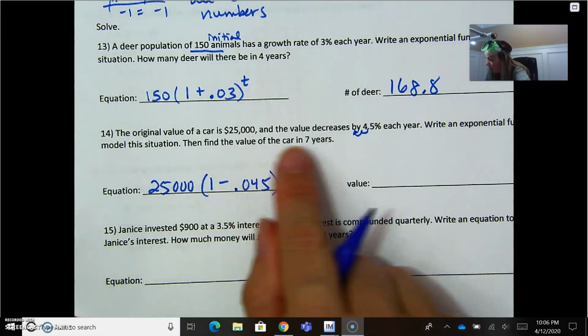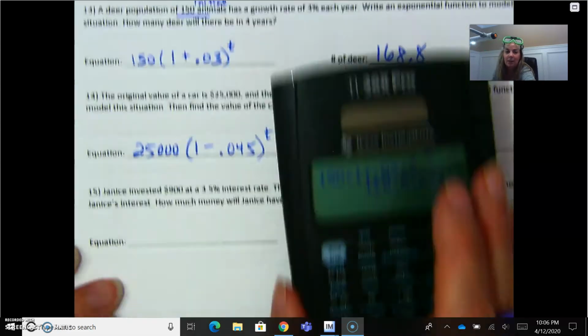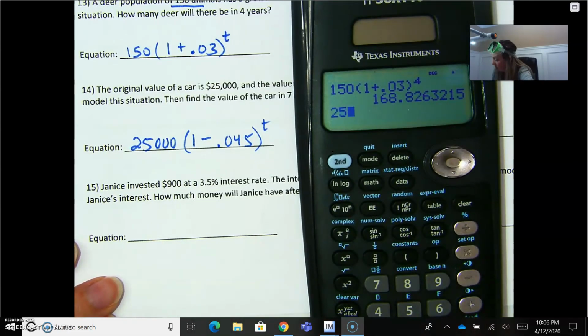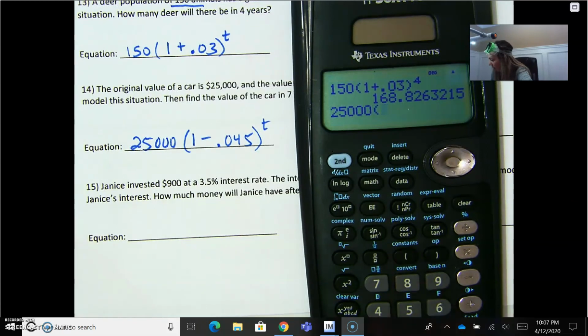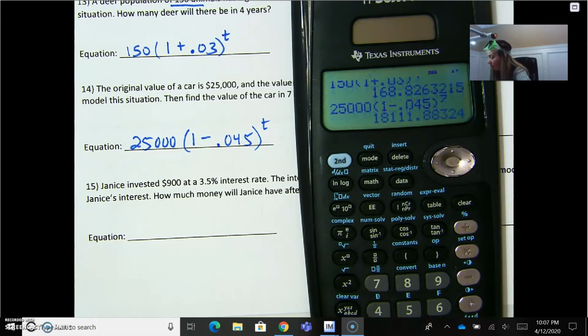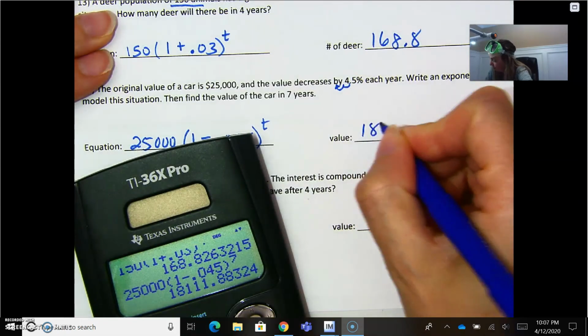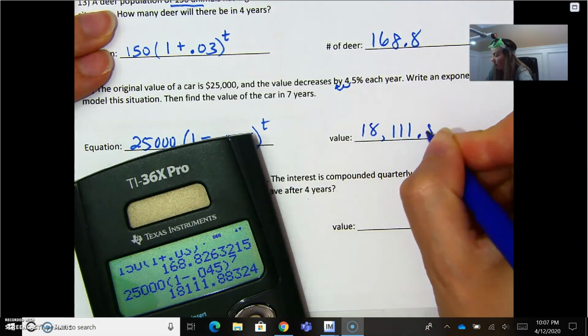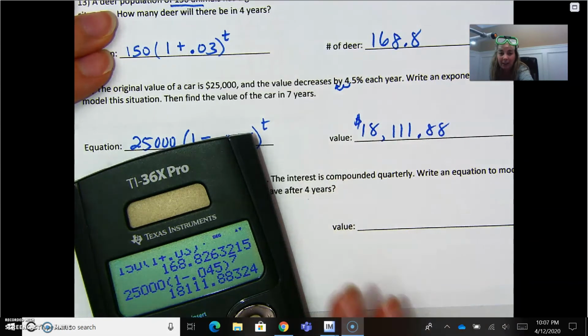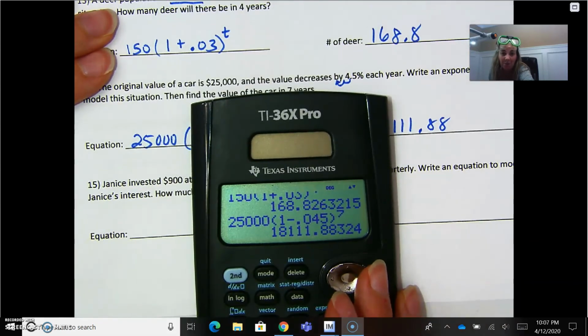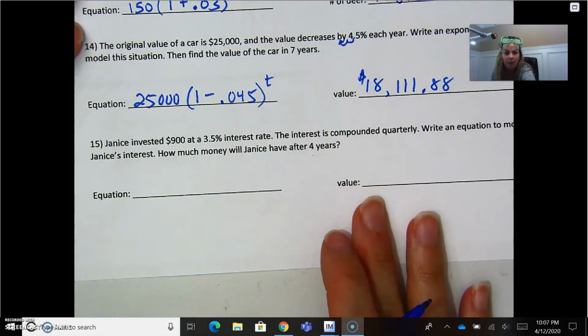We want to know what the value of the car is in 7 years. So initial value, $25,000 times 1 minus 0.045, and we have this car for 7 years. So in 7 years, it'll be worth $18,111.88. That's not a bad investment. Not bad at all.